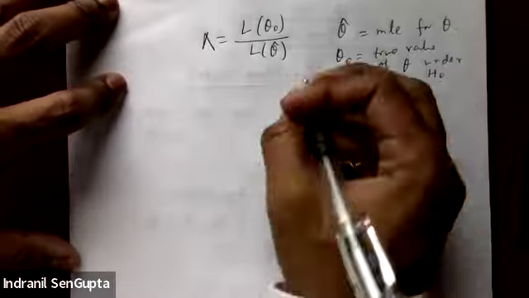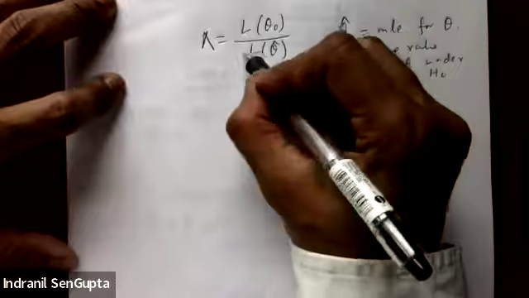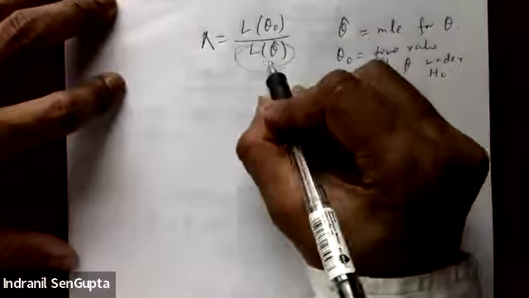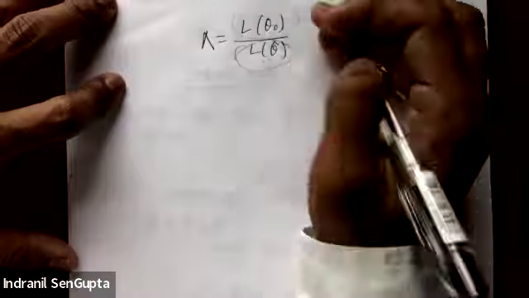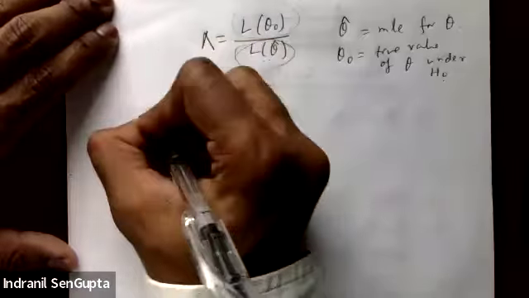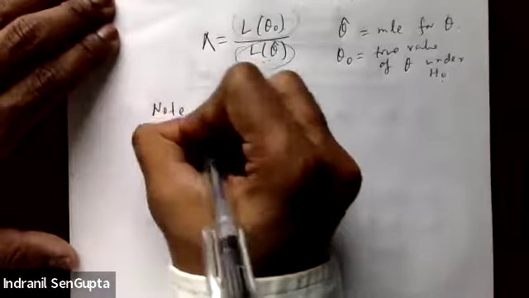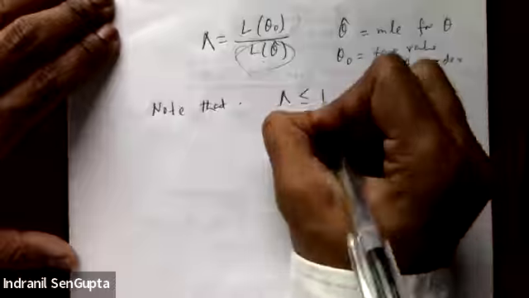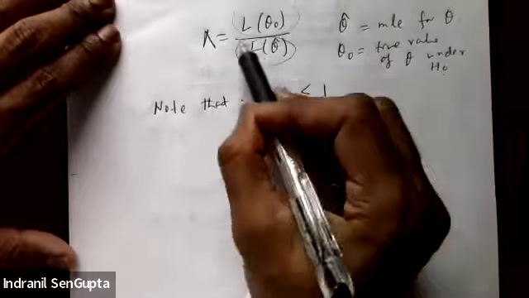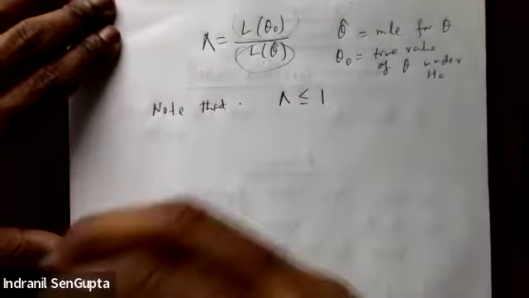These are the two values. Basically, this one is the maximum by definition of all computed ones, and this one is what we expect to be this maximum. Okay, so note that the first thing is this lambda has to be less than 1 by definition, because L of theta hat is the maximum, right?